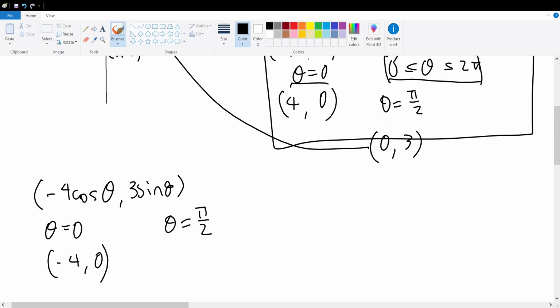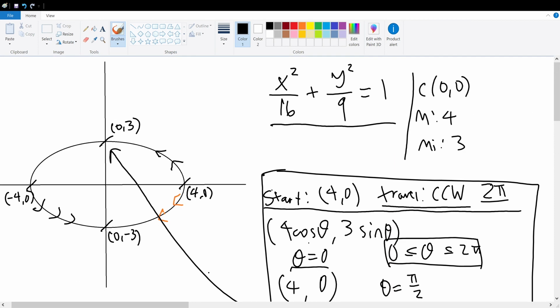But when theta is equal to pi over 2, the x value becomes 0 and sine of pi over 2 remains as 3. So negative 4 cosine theta, comma 3 sine of theta results in a clockwise motion right here, which, keeping the restriction of theta, results in a 2 pi rotation all the way back to negative 4, 0, but in a clockwise motion.